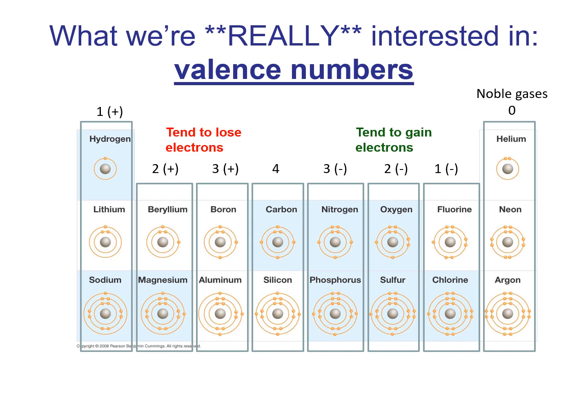Now what I mean by that is the easiest way for it to fill its outer shell, to fill that valence shell, is to steal 3 electrons away from something else. And now let's look at oxygen. Oxygen has 6 electrons in its valence shell.